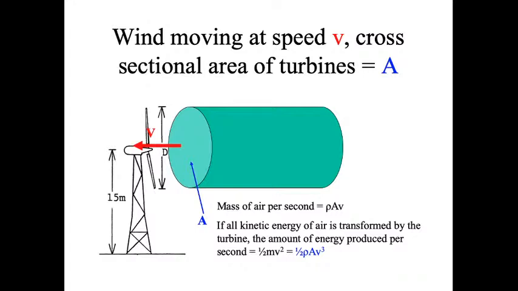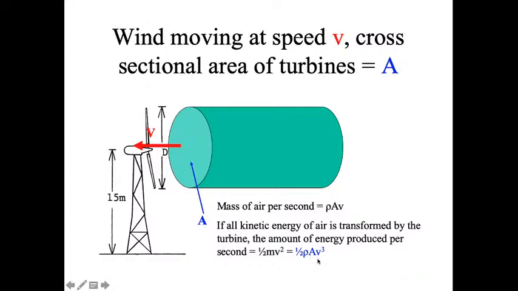So if all of the kinetic energy is transformed by the turbine, the amount of energy produced per second is half of mv squared, where we actually have the mass as density, area, and speed.